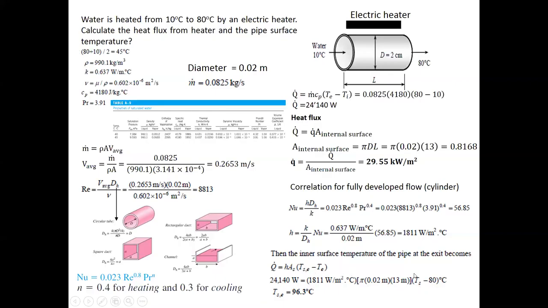Use the information at the end of the pipe. So your T surface minus T exit equals the heat given to the system. From the calculation you get 96.3, which makes sense because the surface must be hotter than the flow in the pipe, and then the exit temperature will be hotter than the inlet.